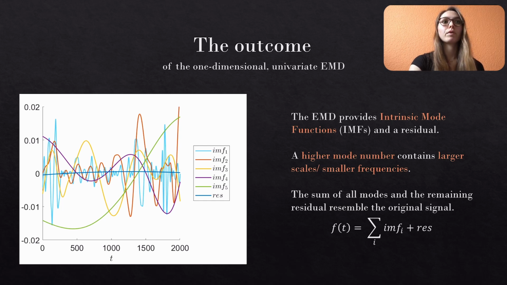The decomposition by the EMD is complete, meaning that the sum of all modes and the residual resemble the original data. So principally, we could now start to analyze all these components with respect to the information we want to extract from the data. However, I think before we start such an analysis, we should understand how the IMFs are produced. So let's get started.